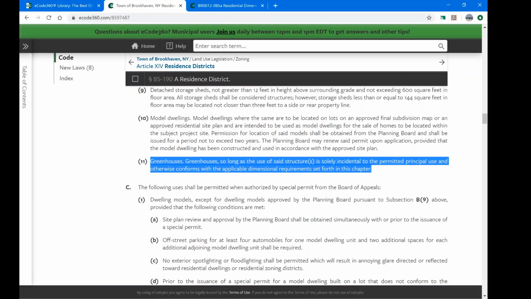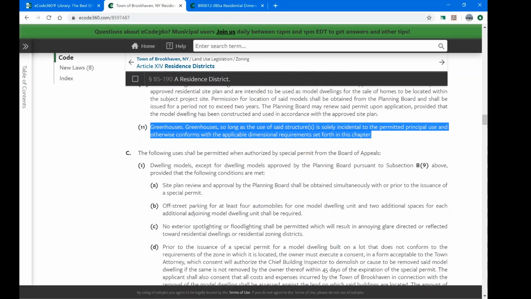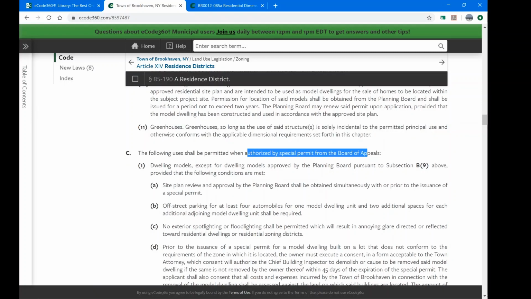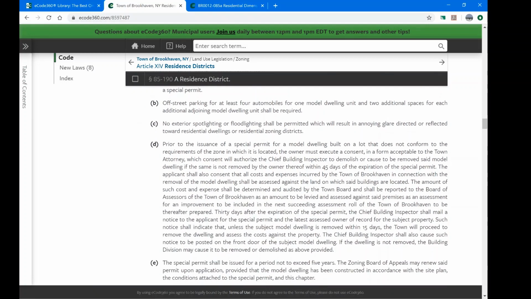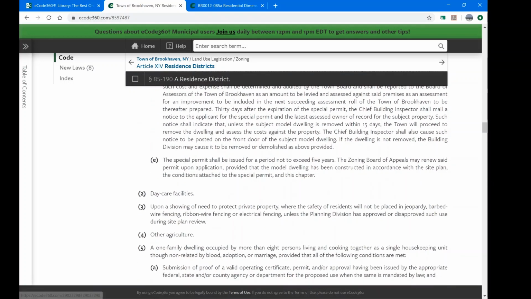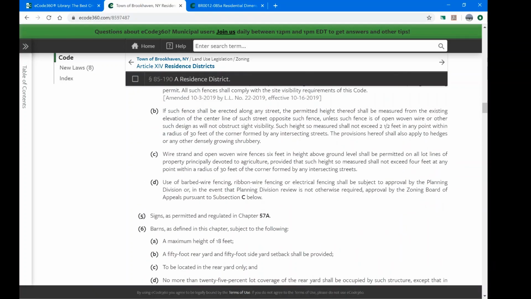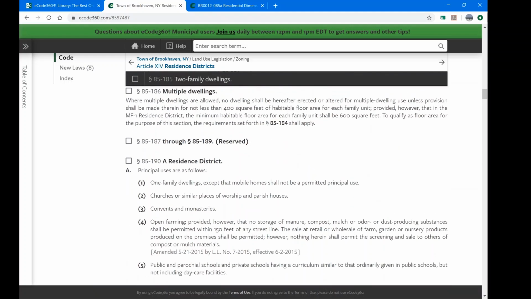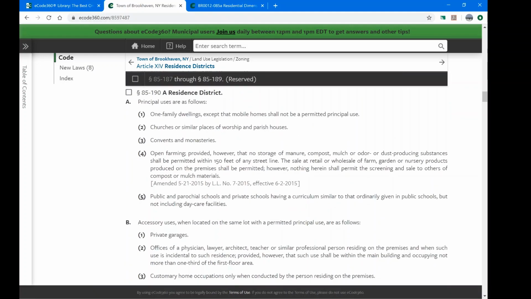Also in an A district, if you get an authorized special permit from the Board of Appeals, then you can have dwelling models on site. There's some more requirements there. You can even have a daycare facility. Now I want to talk about this one real quick. If we go back up to the top, it says not including daycare facilities.